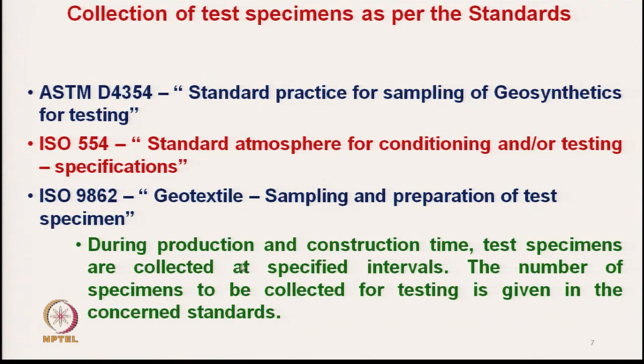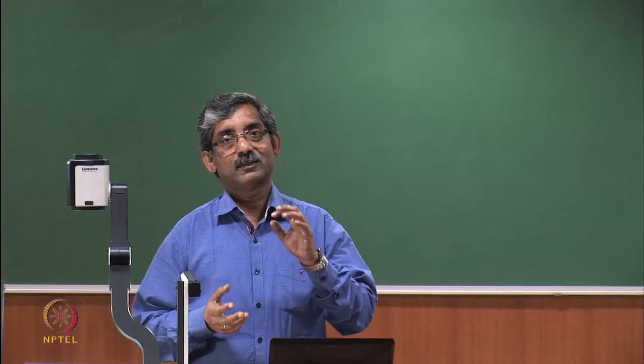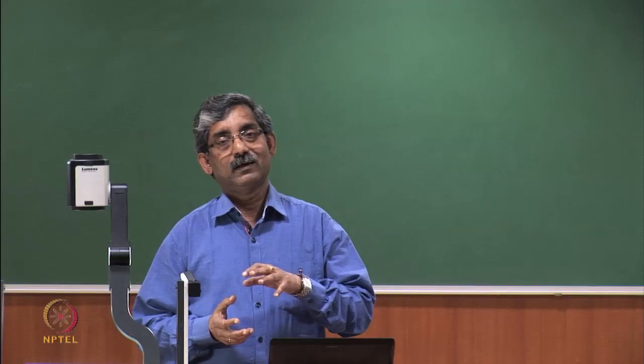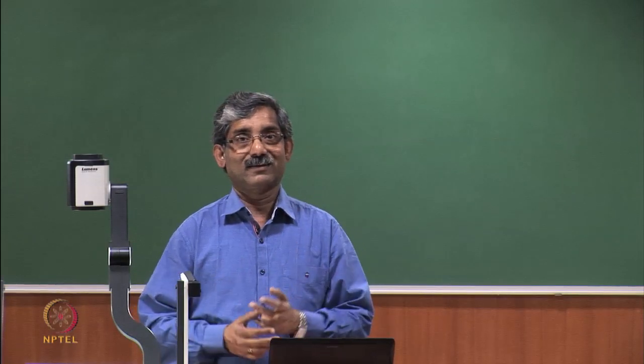So, during production and construction time, test specimens are collected at specified intervals. The number of specimens to be collected for testing is given in the concerned standard. So, we have to collect the specimen from the site.